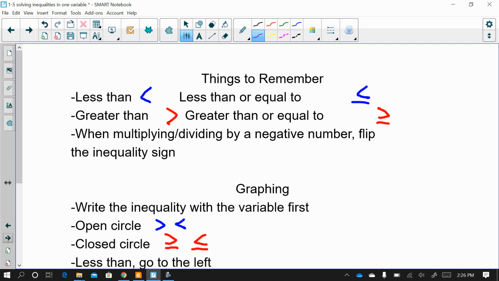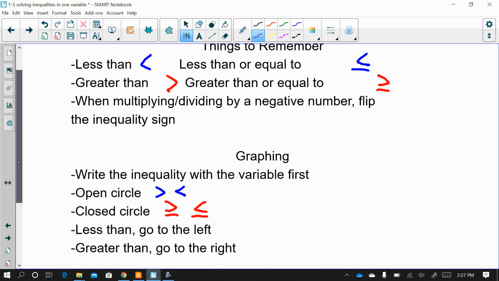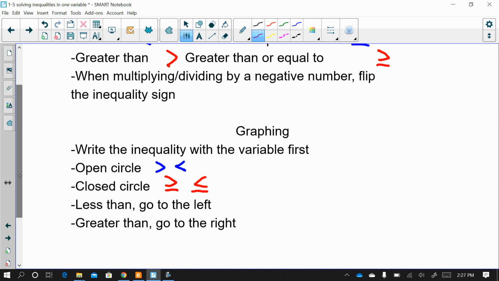Okay, so quick things here to remember. Remember, less than looks like the L kind of. Greater than looks like this symbol. Greater than or equal to has a line under it. When multiplying or dividing by a negative number, always flip the inequality sign. Remember to graph, you write the inequality with the variable first. So if I have something like -2 is greater than or equal to x, I don't like that.